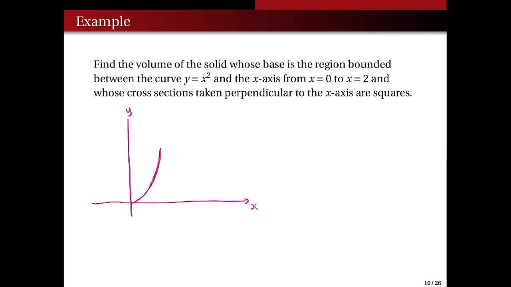Okay. Y equals x squared, and the x is from 0 to 2. From this point here, let me change the color, this is your y equals x squared, up to this point, this is your 2. So we have this region here.